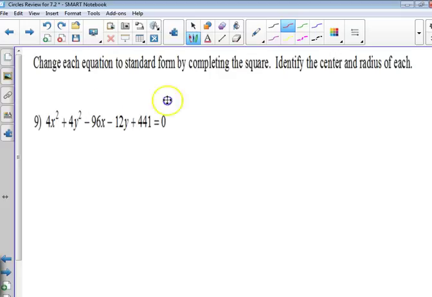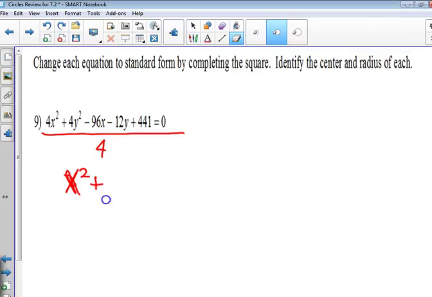This one looks tricky, but it's not really that bad. It's only a circle if the x squared and y squared don't have a coefficient. So let's just divide everything by 4. But that's okay. We'll just deal with it. It'll cancel out in the end. 4x squared divided by 4 is an x squared, plus, what are the x's?